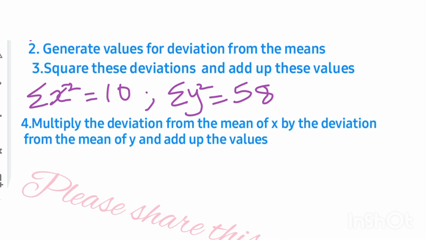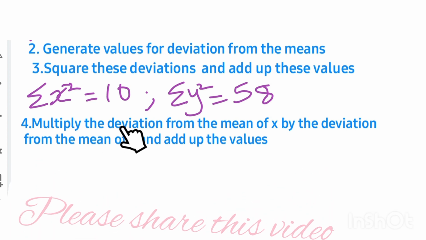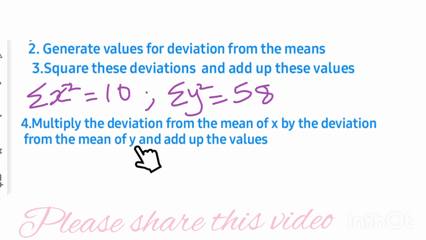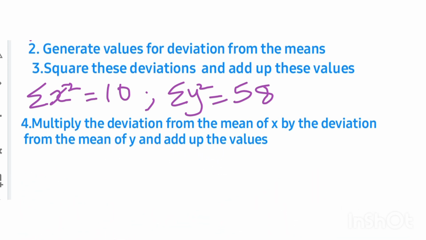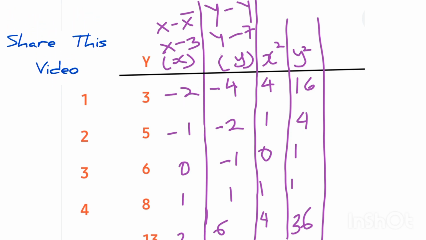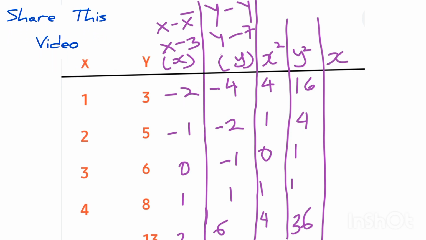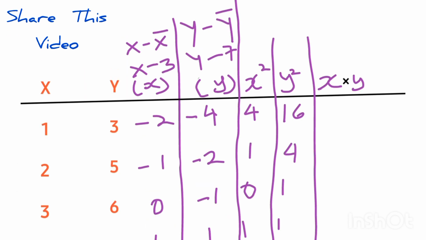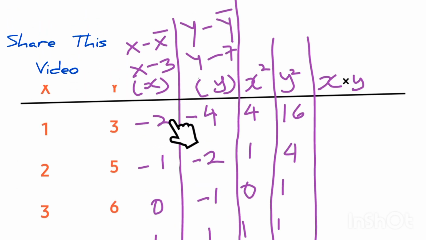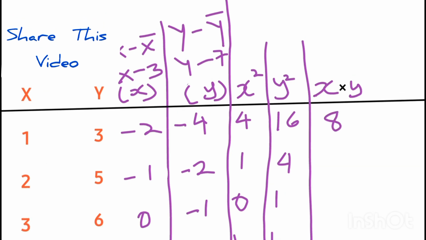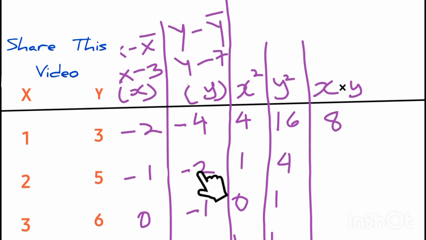Step 4 says multiply the deviation from the mean of x by the deviation from the mean of y and add up the values. Let's revisit our table. We are expected to multiply small x by small y. So here we go. Minus 2 times minus 4, we have 8 here, followed by minus 1 times minus 2, we have 2 here.